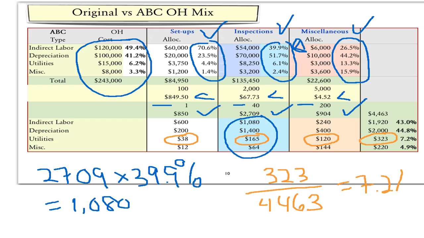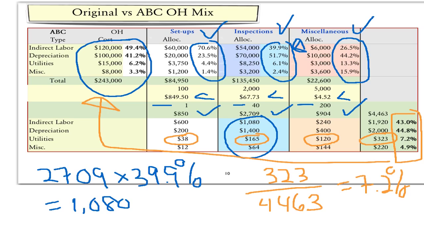So now we're in a position to compare the resource mix for this job with the resource mix of the original overhead account, and we can see they're quite similar. However, indirect labor is slightly less for this job than in the original overhead mix, while depreciation is slightly more.